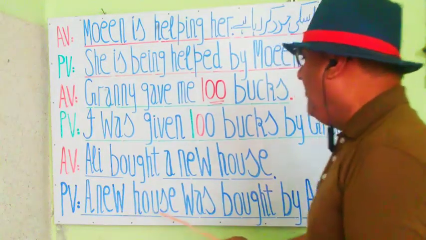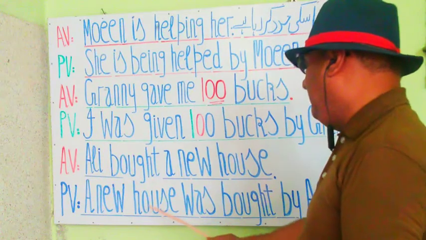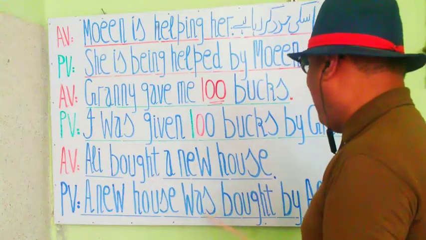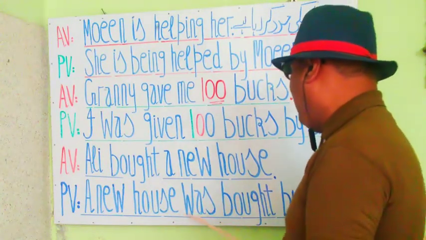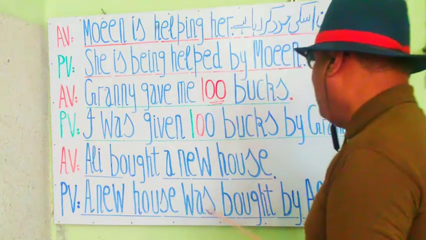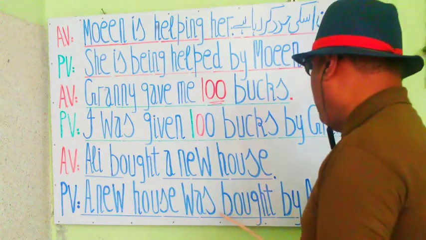Because it's a singular subject, we have to add was, by rules. A new house was. Now the third form of buy is bought.